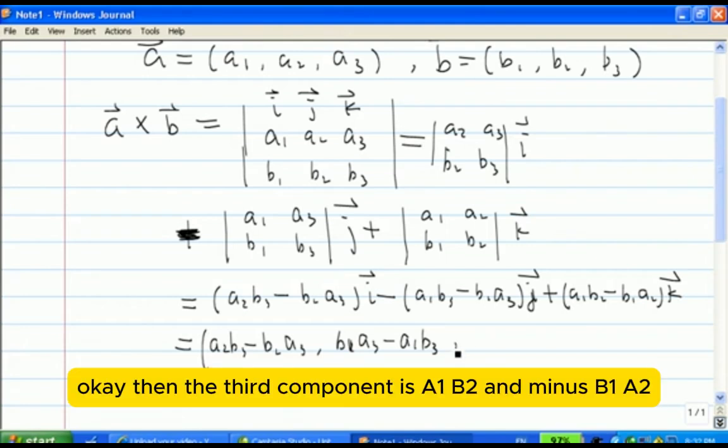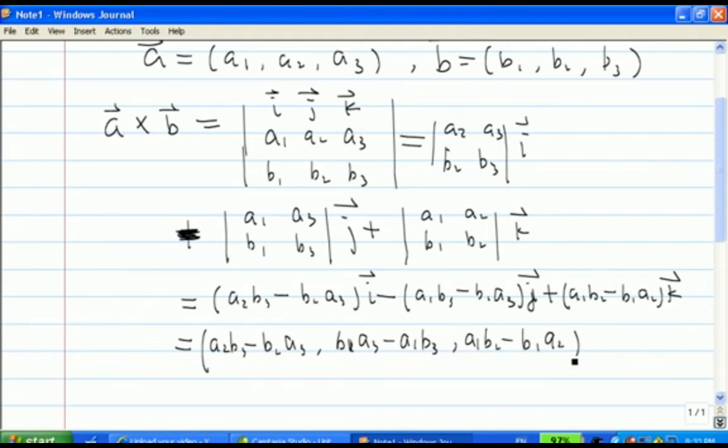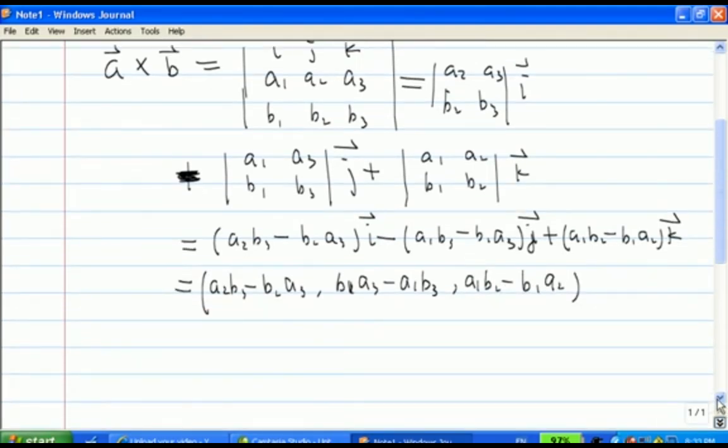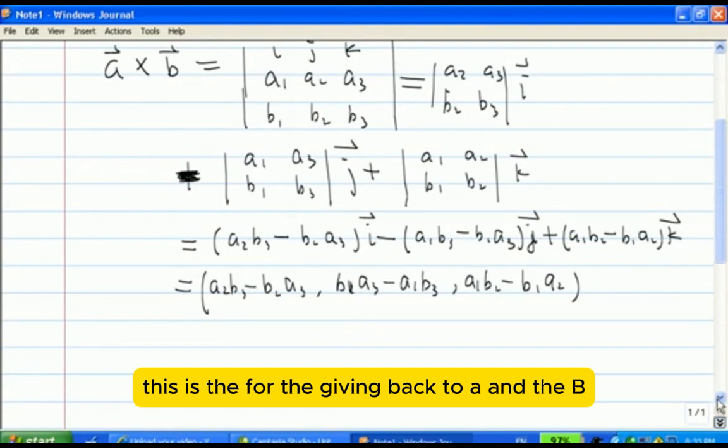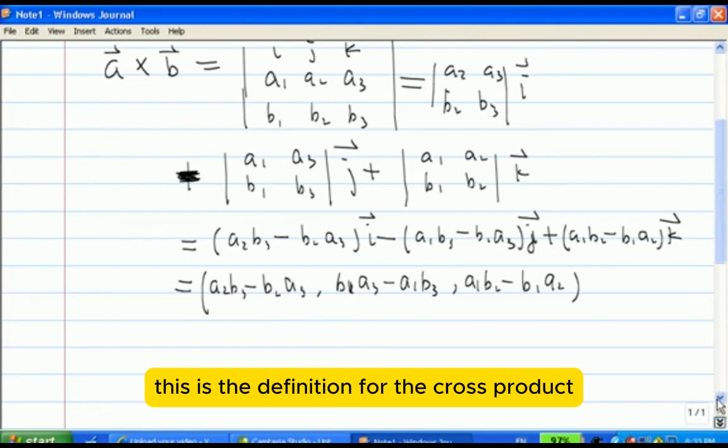Then the third component is A1, B2 minus B1, A2. This is for the given vectors A and B. This is the definition of the cross product.